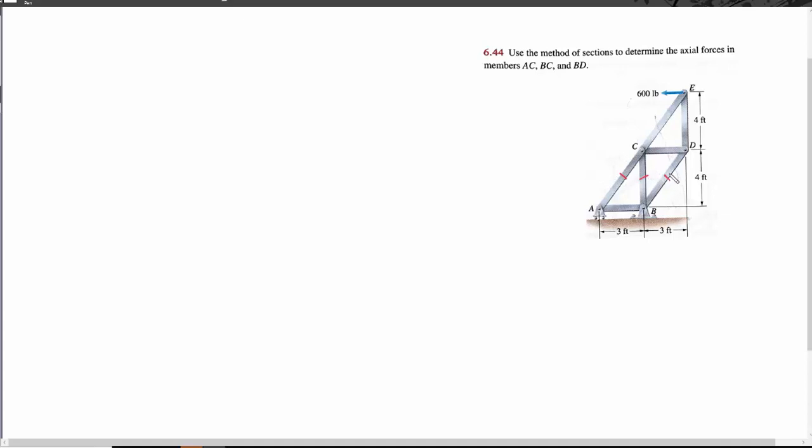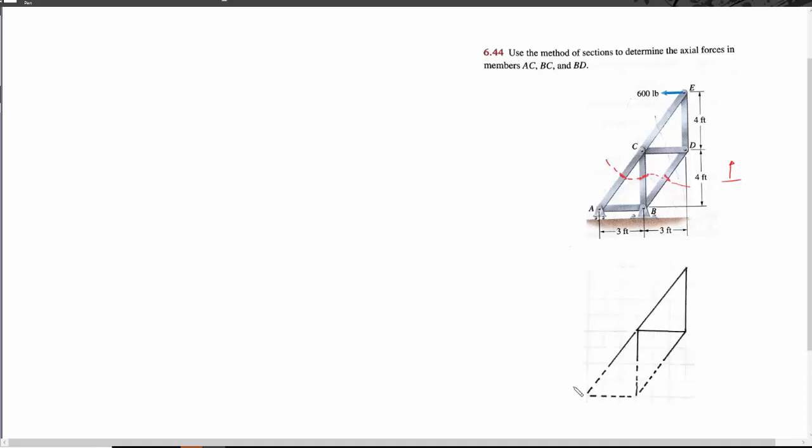So in this case, do I need to solve for my reaction forces on this truss? No, I can cut through this truss just like this and be able to draw my free body diagram of just this piece up here, and solve for AC, CB, and DB.